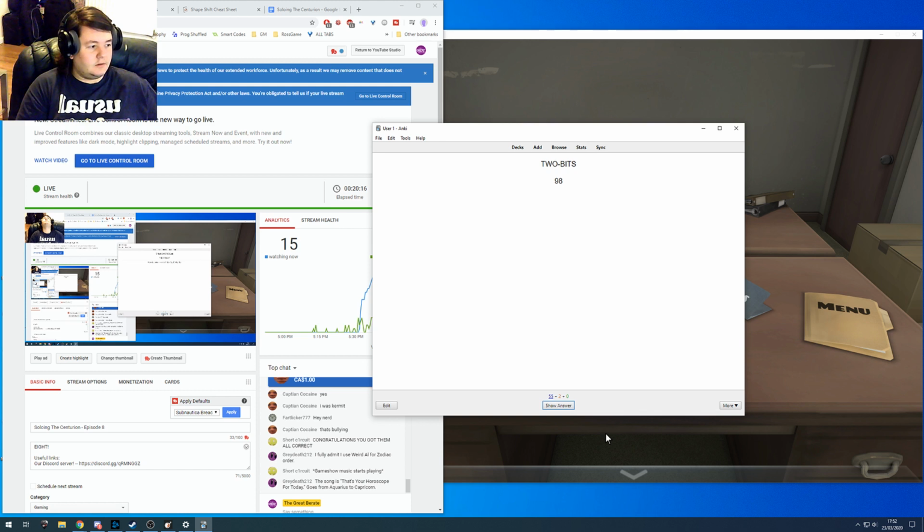Base 98 is NB? No, N98 is NB, it's VK. RO. PB?